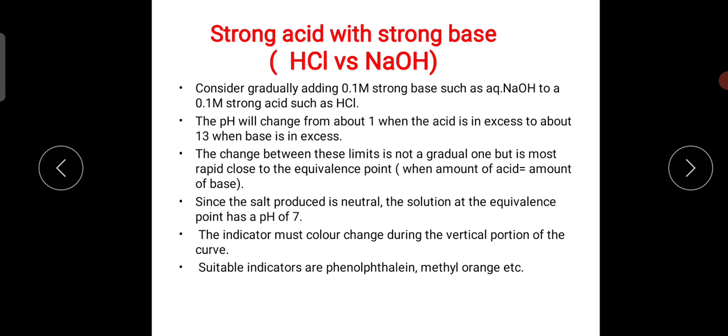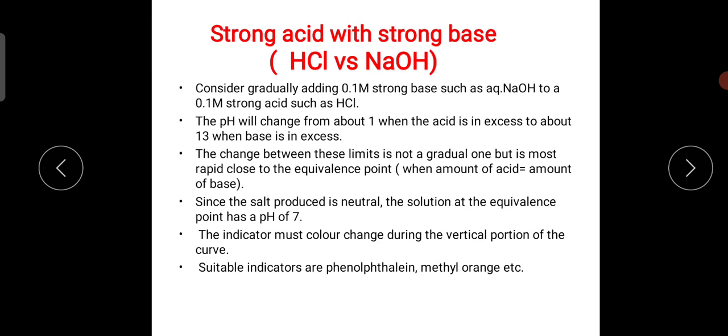Then after the color change, the base, NaOH, will be in excess. The salt produced in the final result will be neutral. The solution will attain its end point at pH 7. Usually the indicator color change occurs during the vertical portion of this type of curve, so we use phenolphthalein, methyl orange, etc.